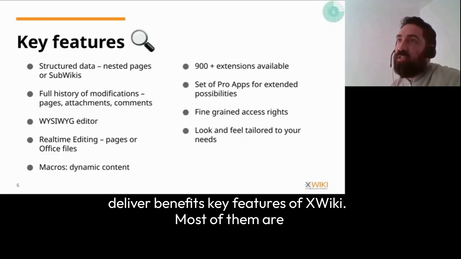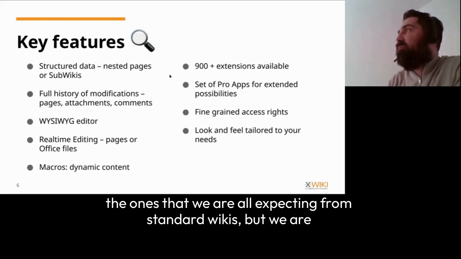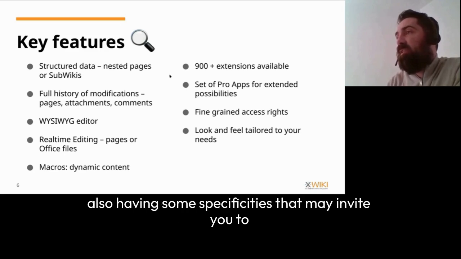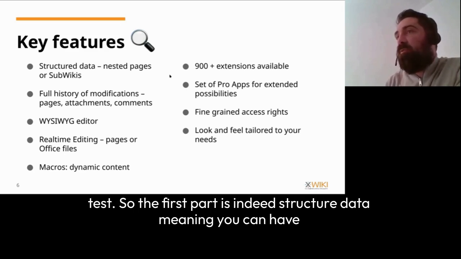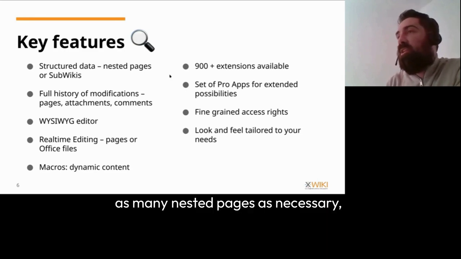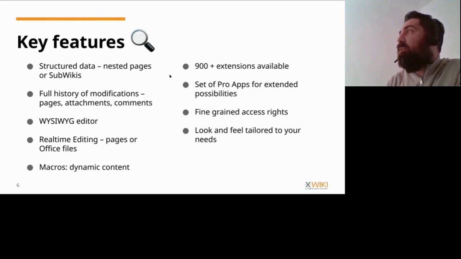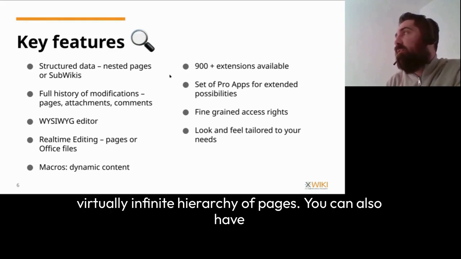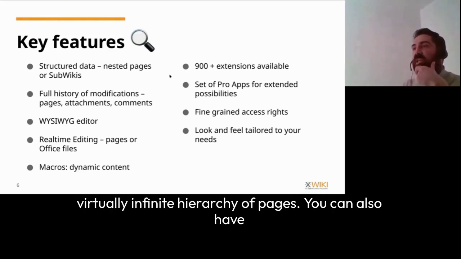Key features of XWiki: most of them are the ones that we are all expecting from standard wikis, but we also have some specificities that may invite you to test it. So the first part is indeed structured data, meaning you can have as many nested pages as necessary, a virtually infinite hierarchy of pages.